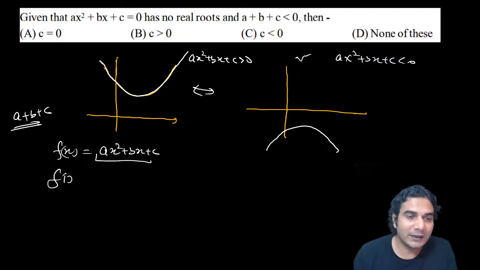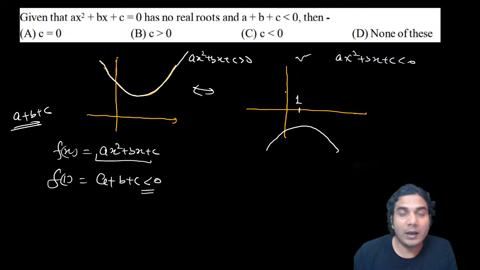That is nothing but f of 1. f of 1 is a plus b plus c, and it is given negative. If f of 1 is negative, all the values of f(x) will be negative, because the expression is either always positive or always negative. So now we know this is not the case, this is the case. So f of 0 will also be negative.